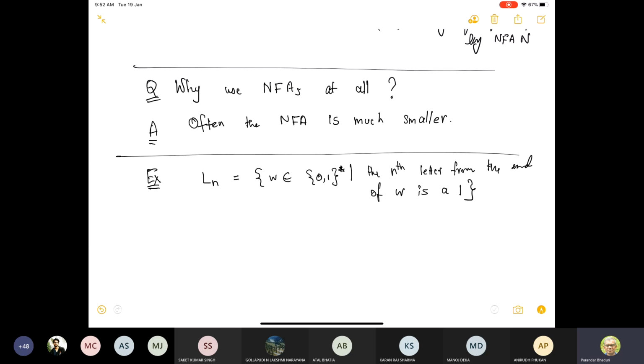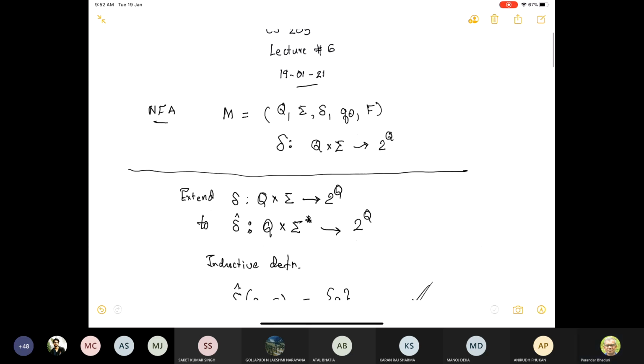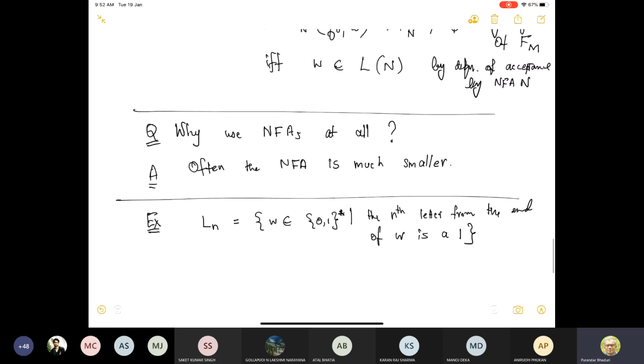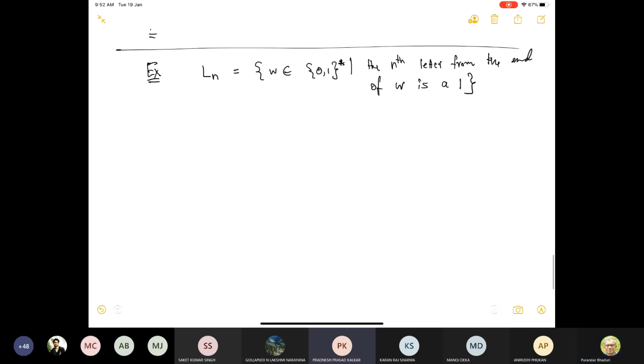Remember our friend L n? And we showed, what did we show? We showed a result, remember? Any DFA recognizing L n must have at least 2 to the power n states.